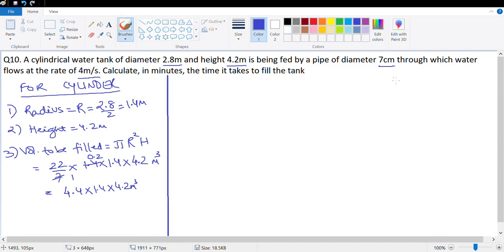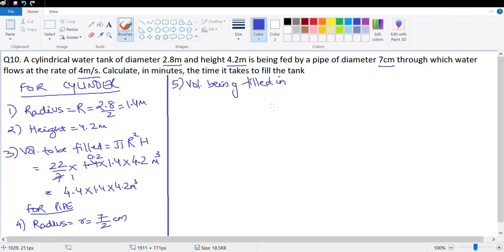And the pipe. So let's look at pipe first. So for pipe, radius, let's write it as small r, is equal to 7 upon 2 centimeter. Volume being filled in 1 second will be equal to area of cross section of pipe multiplied with length.